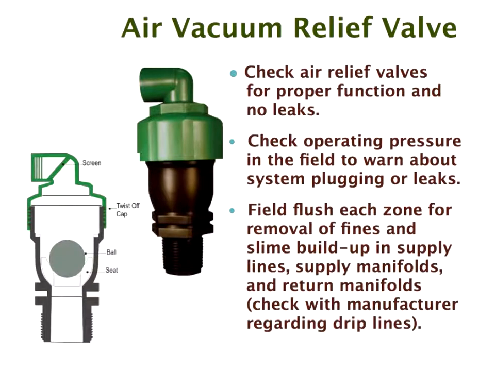Okay, this is a newer air vacuum relief valve. This also comes with a Schrader valve. This one isn't drawn with it, but it is tapped here, and the Schrader valve is fitted there.